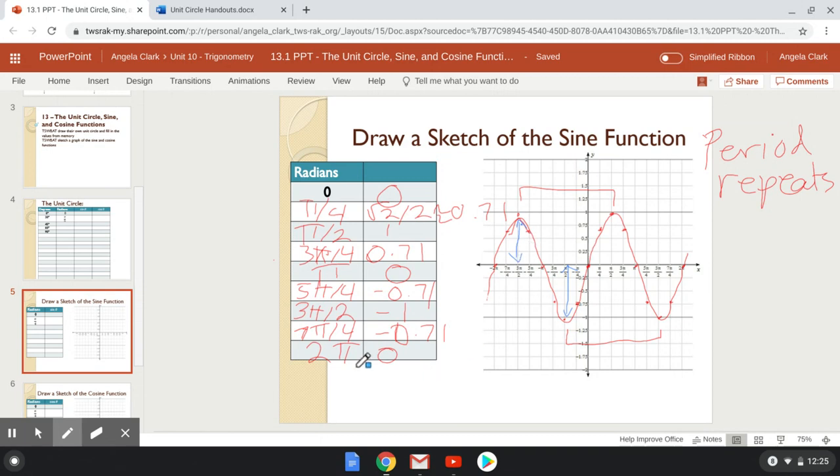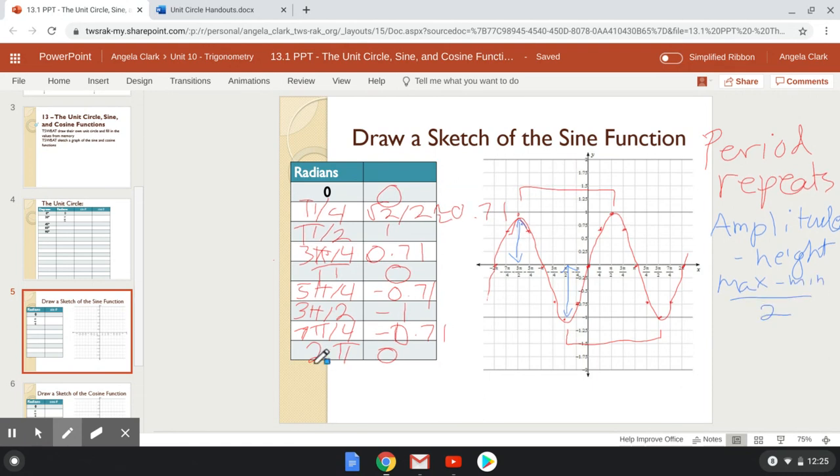So the amplitude is kind of the height, and it's max minus min divided by 2.